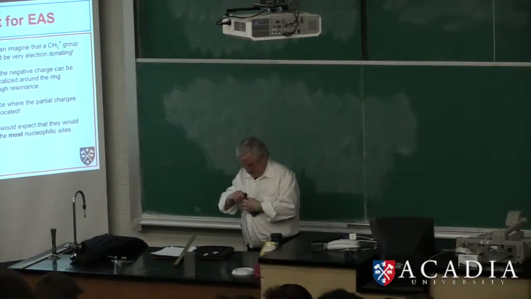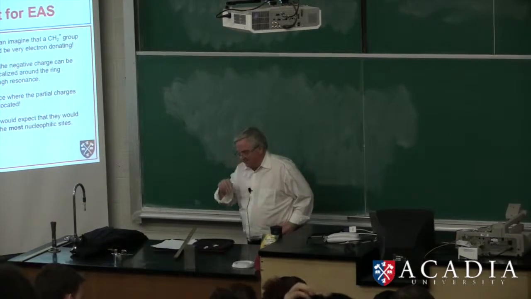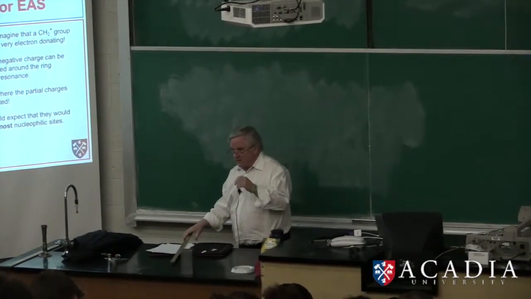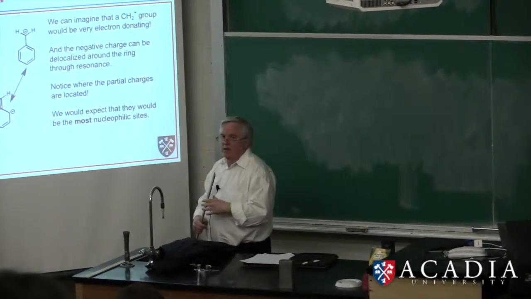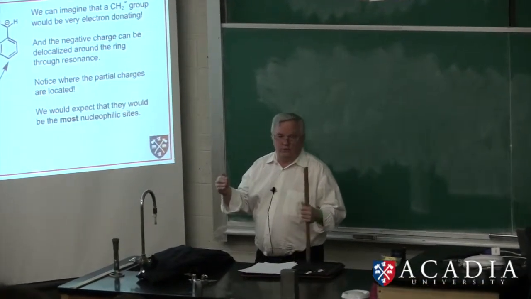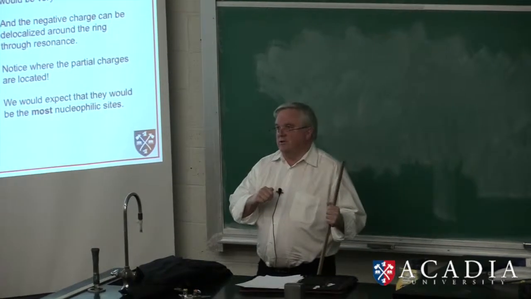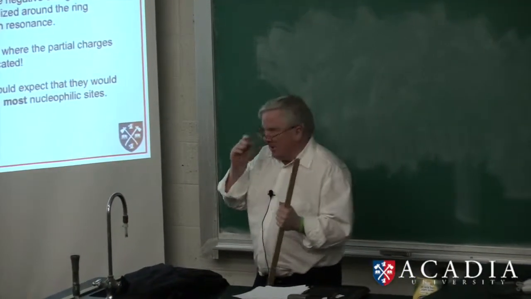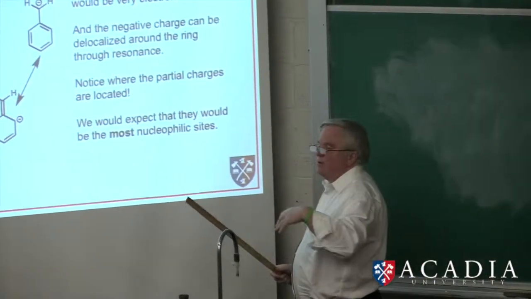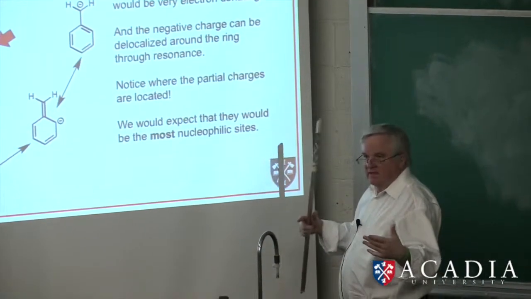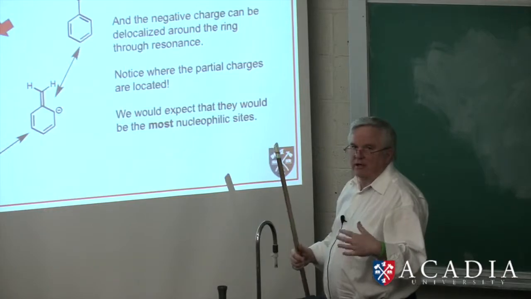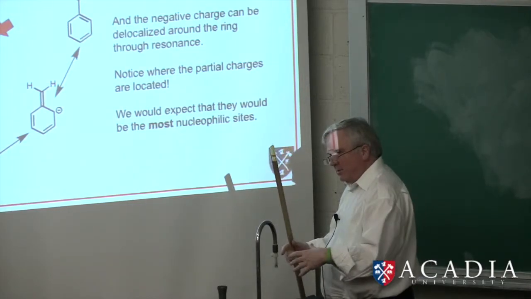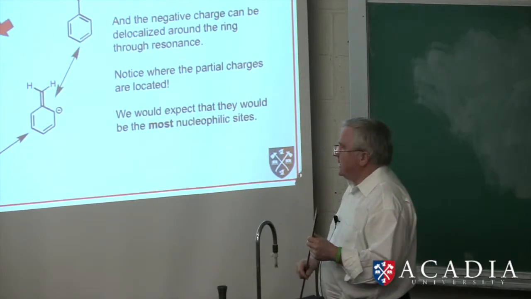Everybody. So last class we talked about what happens when we do substitutions on a ring that has a substituent on it, and we found out that electron donating groups direct things to the ortho-para positions. We talked about the transition states, the intermediates, and how electron donating groups stabilize that arenium cation intermediate.